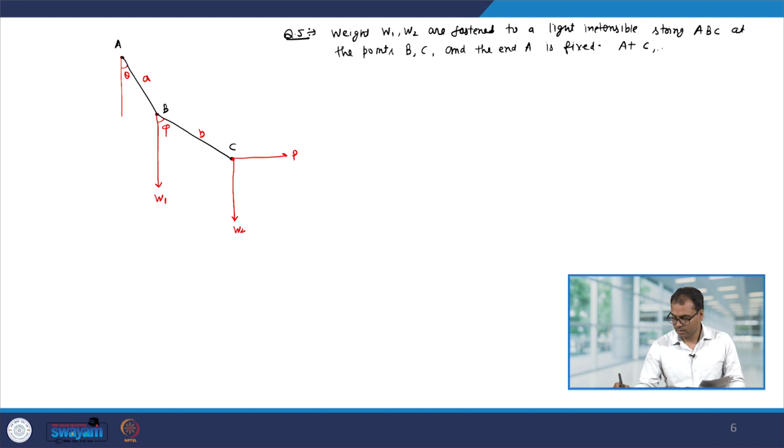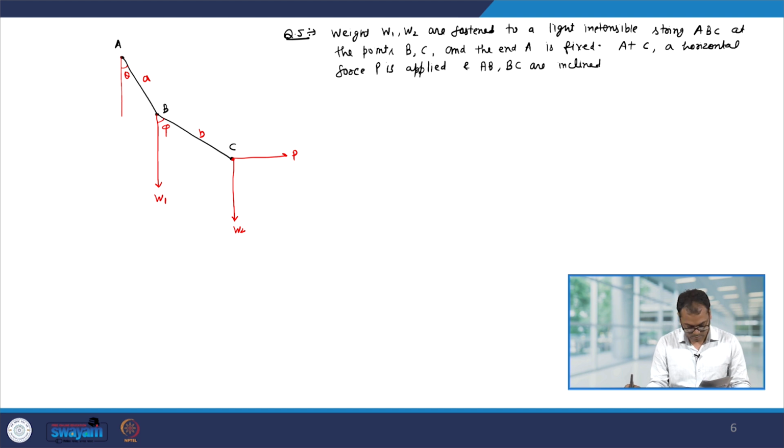At C, a horizontal force P is applied, and AB, BC are inclined at angle theta and phi to the vertical.